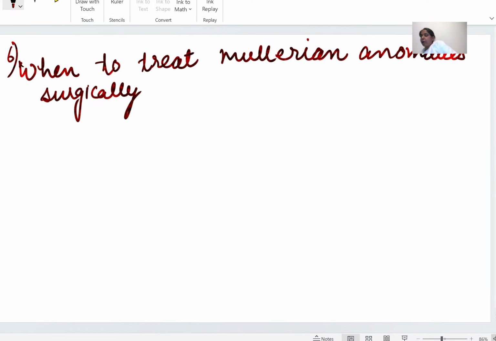When to treat Mullerian anomalies? Uterine didelphus and arcuate. Dr. Isra is asking which anomaly is associated with less chance for recurrent abortion.